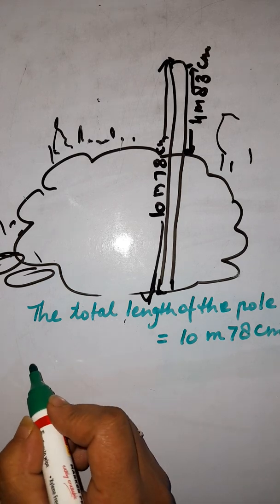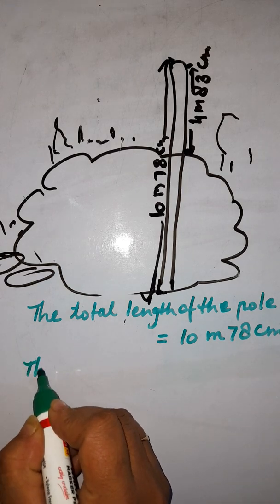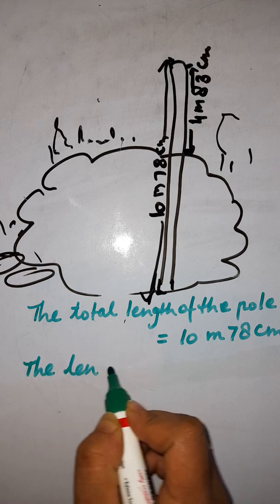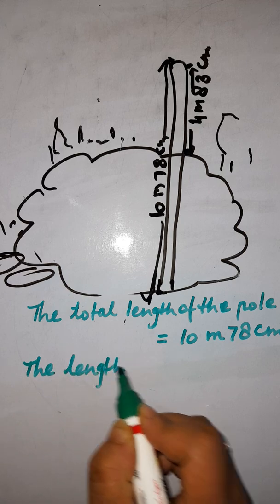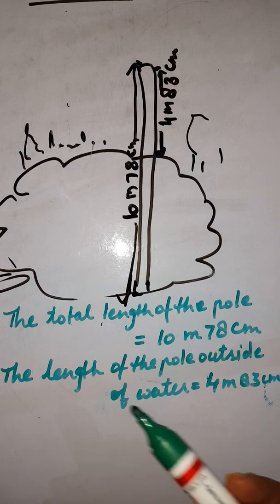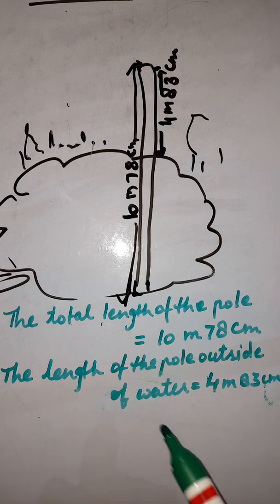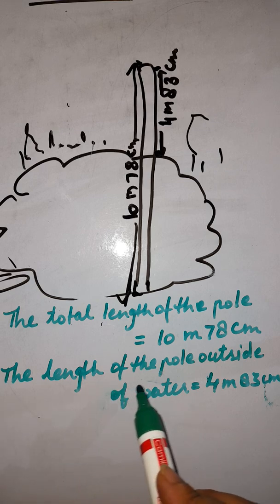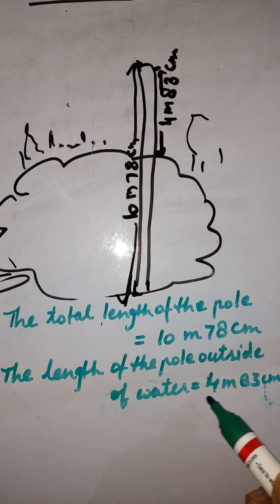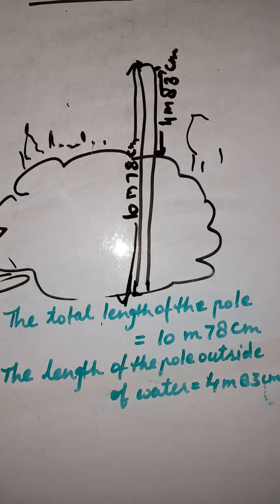Okay, and next statement: the length of the pole outside of water is equal to 4 meter 83 centimeter. Okay, so we have to find out the total length of the pole inside the water, because we have to find out the depth of the pond.